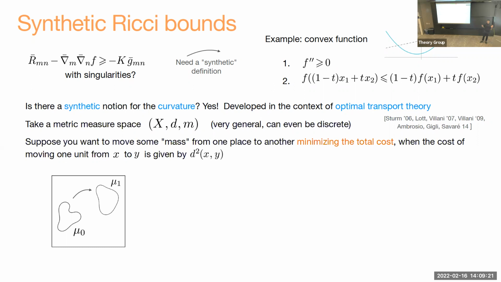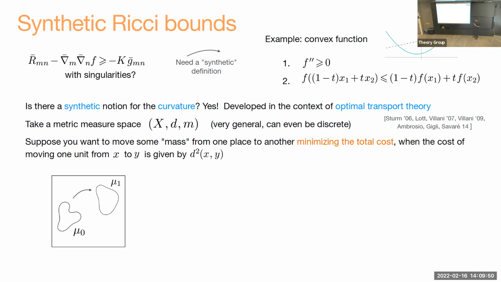So now forget about Riemannian geometry and our Riemannian manifold. Let's assume that we have a very general space. It can be just a set with a distance function defined on it, and a measure. Mathematicians call this a metric measure space, which can be very general, can be discrete. There is not even a notion of dimension defined on it.